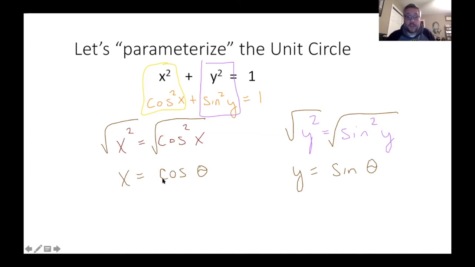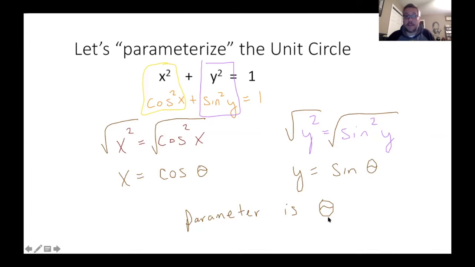So now, wouldn't you know, this looks really familiar. We have x equals cosine theta and y equals sine theta. So what happens if we graph these as a pair of parametric equations and our parameter is theta? So not only can your parameter be time, your parameter can also be theta, which is an angle.